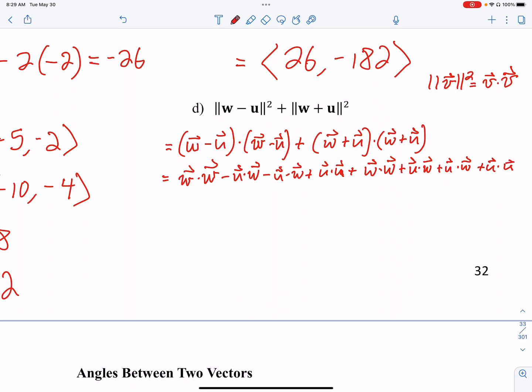Things cancel out, notice. This cancels with that, this cancels with that, and then I get 2, and these go back to w squared plus u squared. Let's go ahead and factor the 2 out. That's all we got.